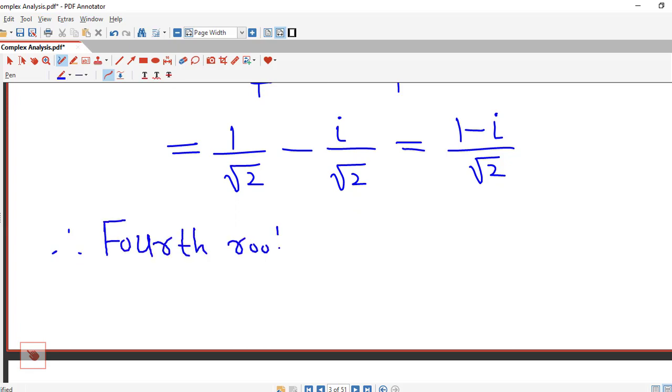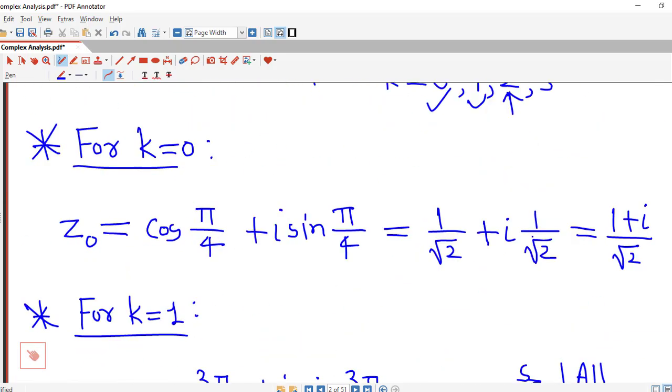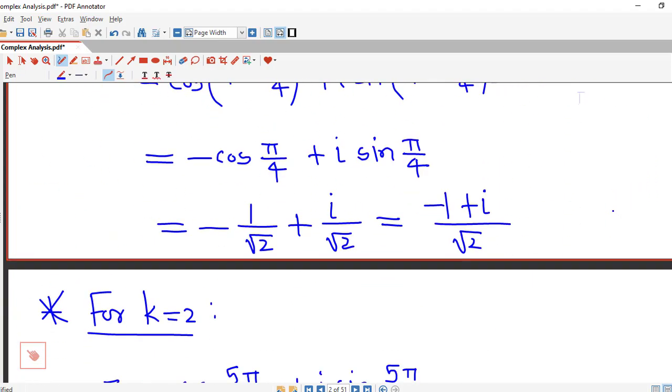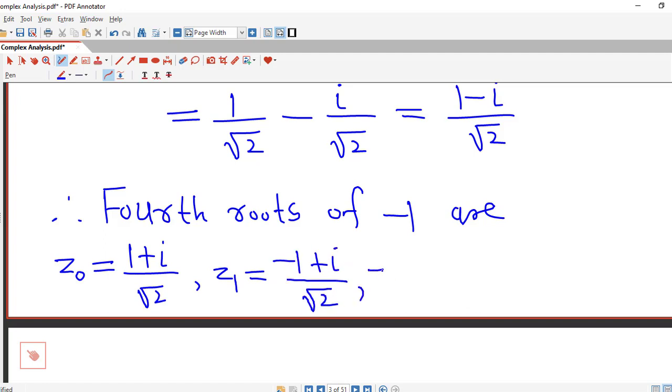The fourth roots of minus 1 are, we write down all the fourth roots. First we write z0. z0 is 1 plus i over root 2. z1 is minus 1 plus i over root 2.